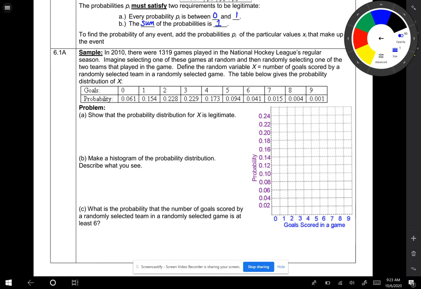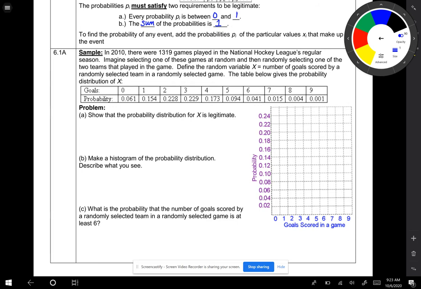Define the random variable, capital X, equal to the number of goals scored by a randomly selected team in a randomly selected game. The table below gives the probability distribution of X. The top row is the number of goals: 0 goals, 1 goal, 2 goals, 3 goals, and so on. The bottom row is the probability of each number of goals being scored. So the probability of 0 goals is 0.061 for that particular team in that particular game.